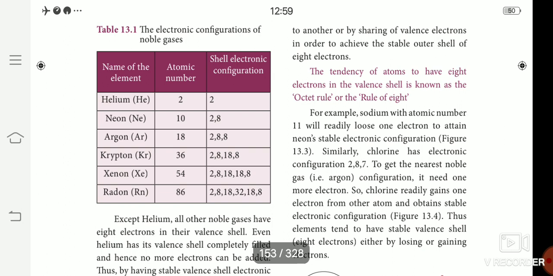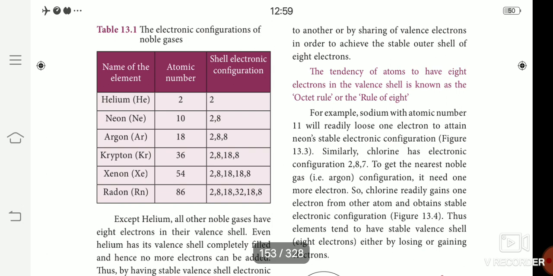In the first layer only 2 electrons are present. In the second layer, 2s2 and 2p6, totally 8 electrons are present. Then in the third layer, 3s2 and 3p6, 8 electrons are present.